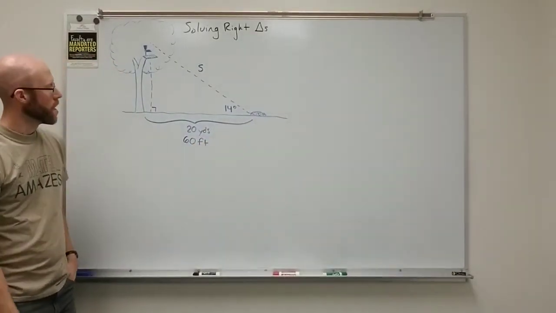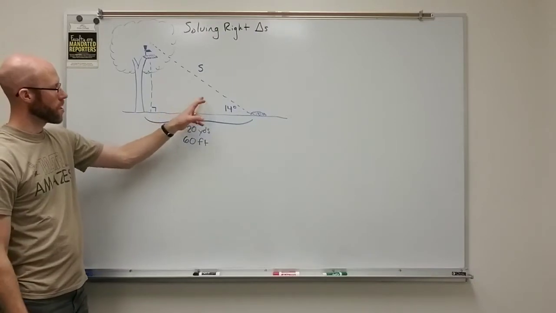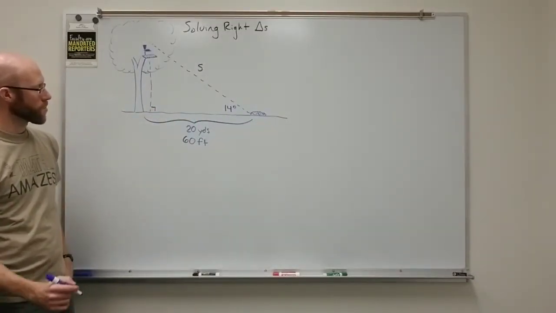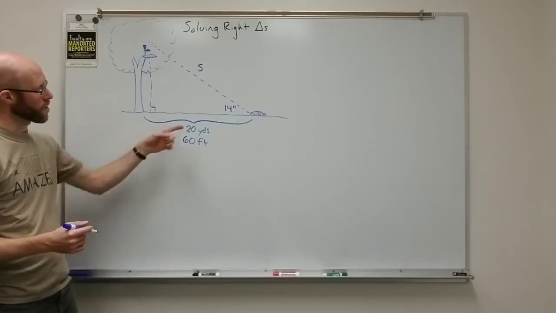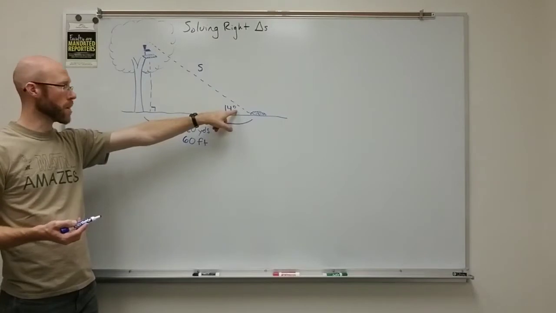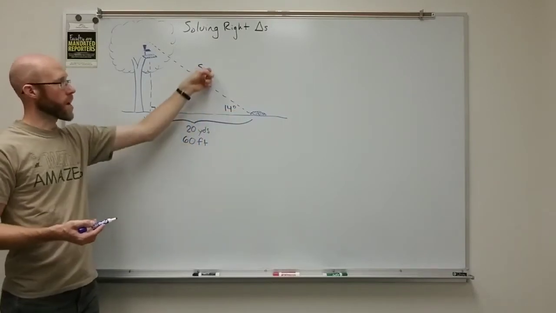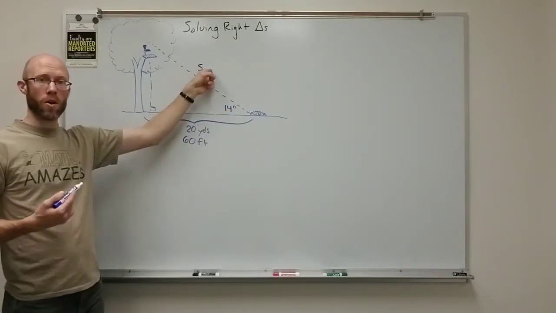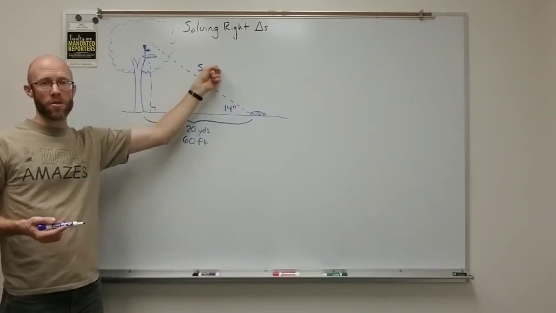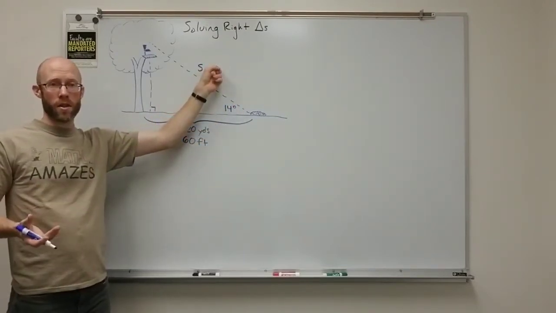Okay. And so to find the shot distance, think about the angle here, which is 14. The two sides in play are the adjacent side and the hypotenuse. Well, what trig function corresponds an angle to its adjacent and hypotenuse? Well, it's the cosine, right?